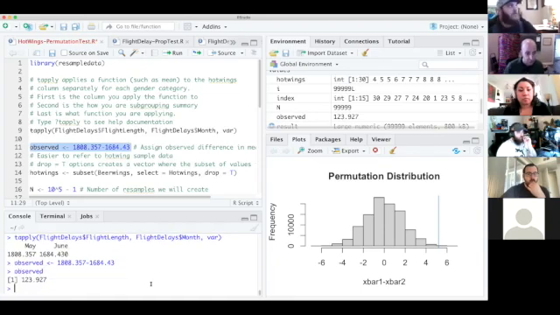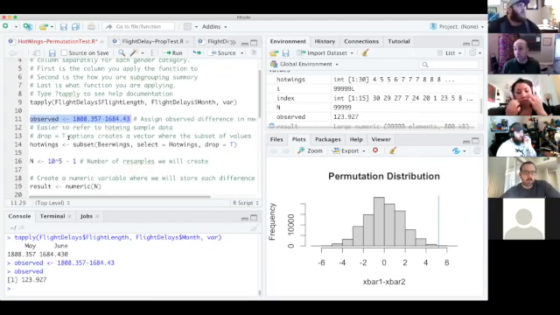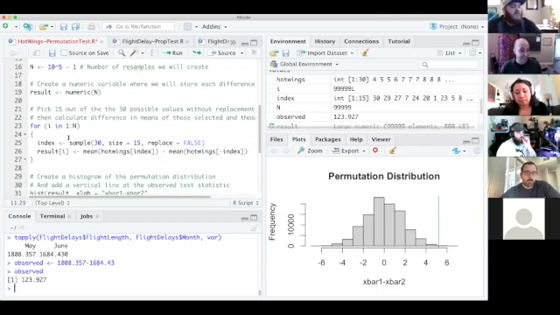So we could check to make sure that my observed difference got updated, right? From the 5.2 that we had for the wing example, now it is 123. And so now we're going to do the same permutation resample. All of that process is essentially going to be the same, except instead of comparing means, we're now going to be comparing variances.